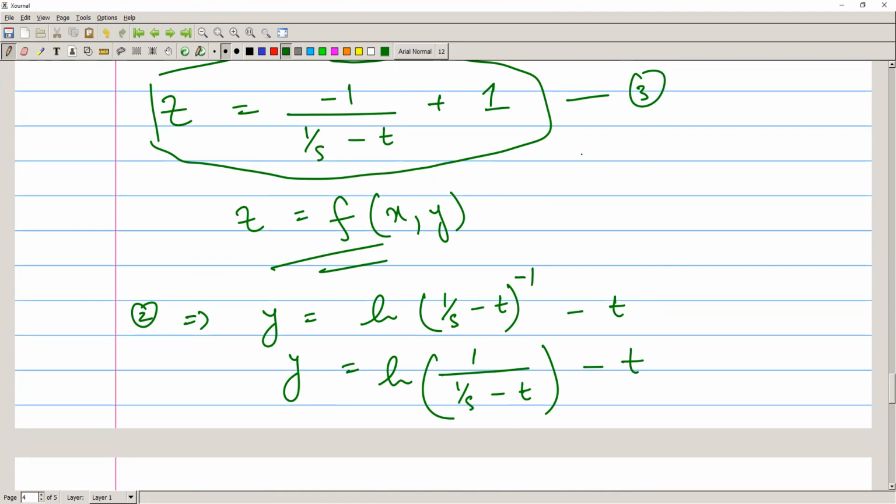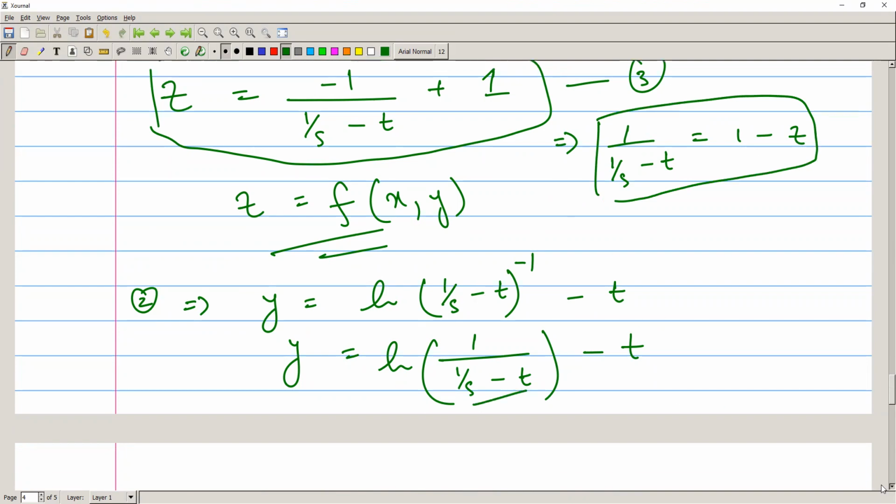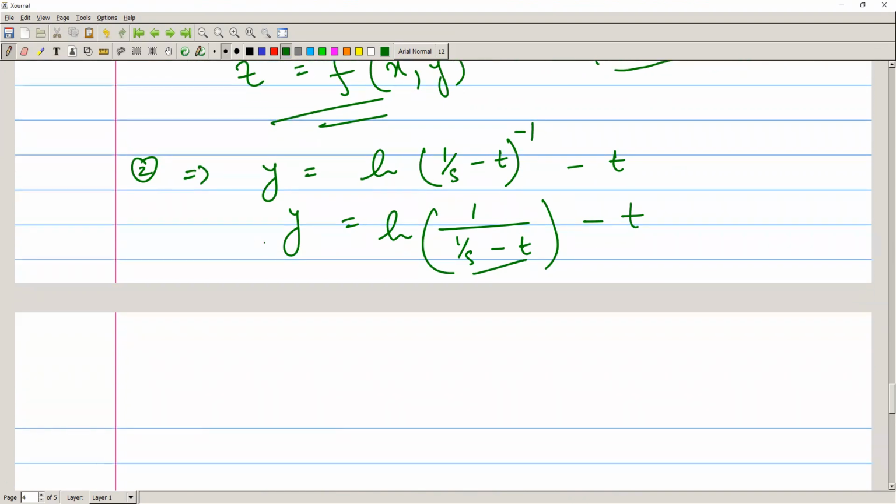So this implies that I can write 1 over s minus t is equal to 1 minus z. So I will replace this by 1 minus z. So y will be equal to ln 1 minus z minus t.